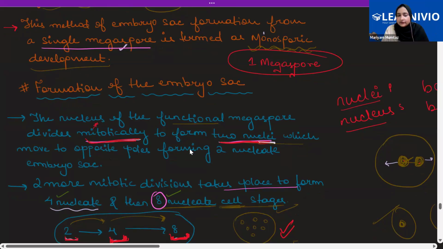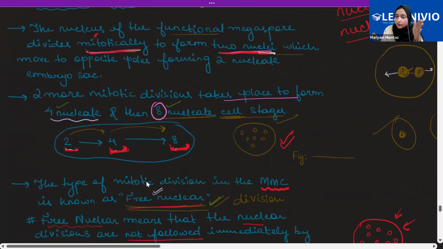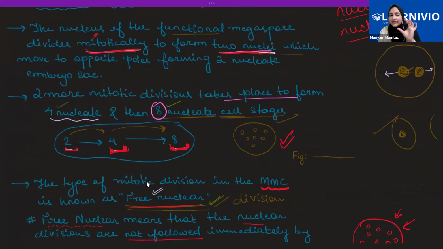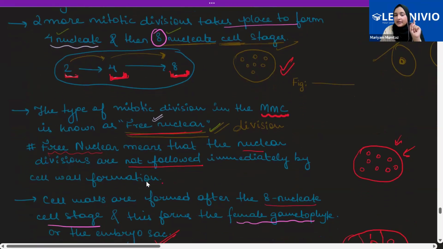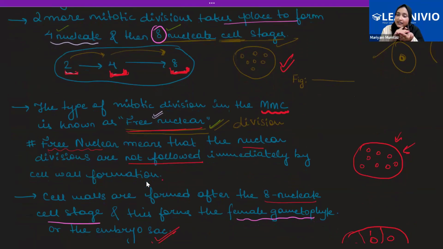Then two more mitotic divisions take place, so from two it becomes four nucleated, and then eight nucleated. All in all, eight nuclei are made inside one cell. This type of mitotic division is called free nuclear division, wherein nuclear division is happening but is not followed by cellular division.